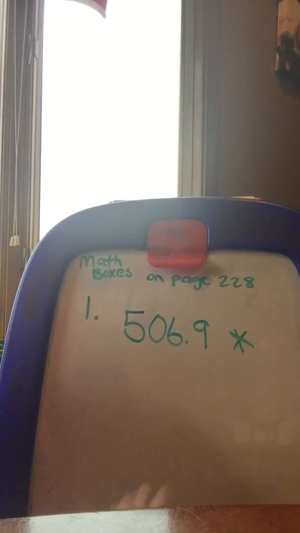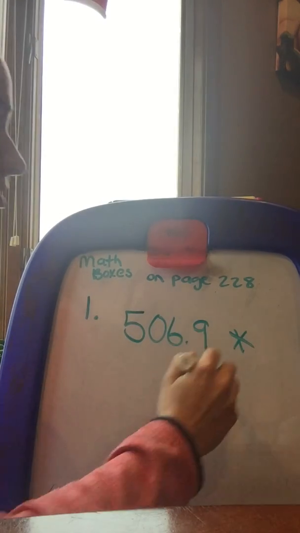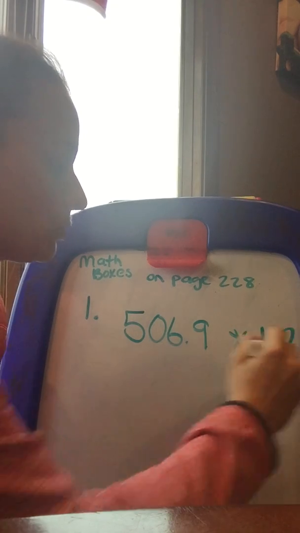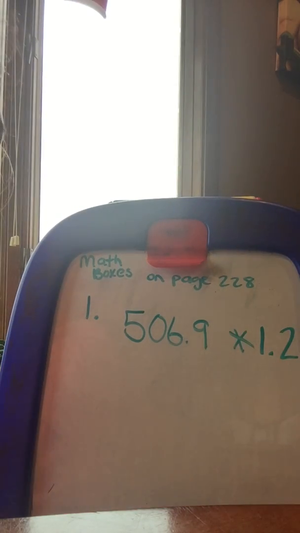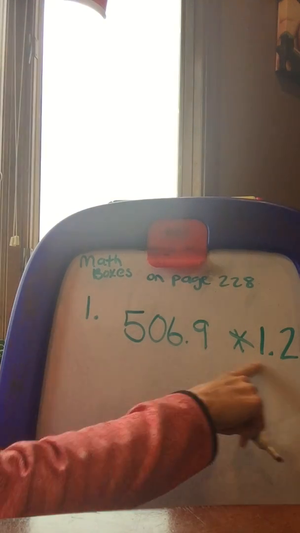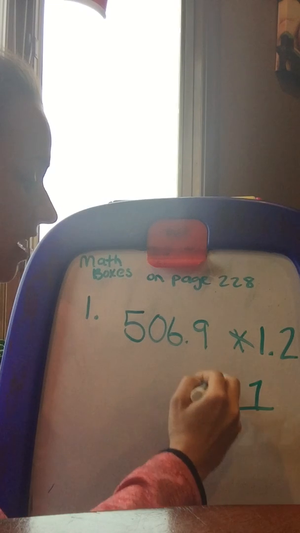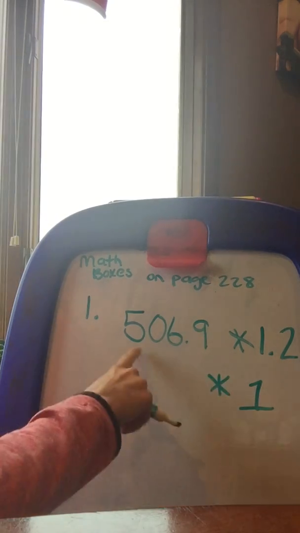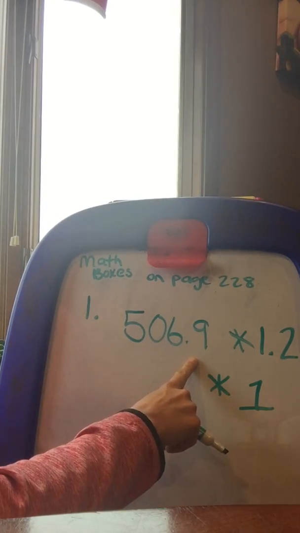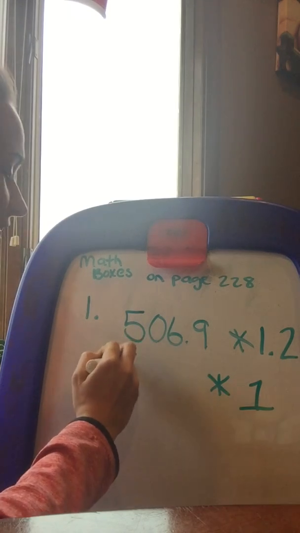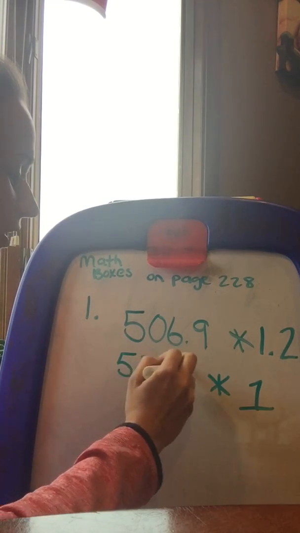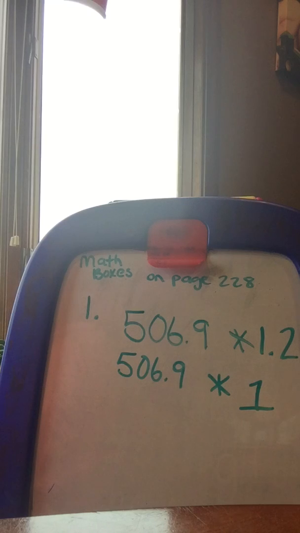and this problem is multiplication. So I can change these numbers to whatever numbers I want to that are close to the original numbers. So I'm going to for sure change this one to just 1, because anything times 1 is 1. So I can even just keep this as it is. So 506.9 times 1 is going to be 506 9/10.